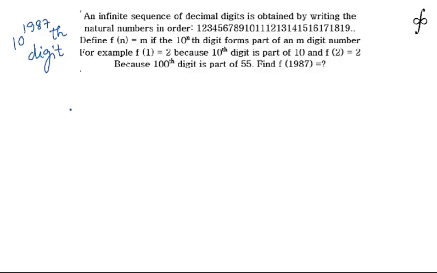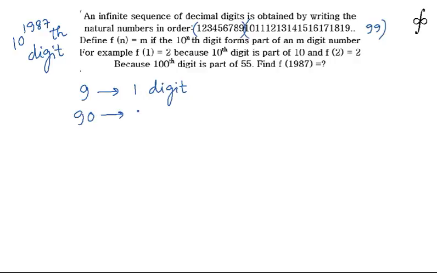Here, if you see, there is a pattern. Starting from 1 to 9, these are single-digit numbers, so there are 9 one-digit numbers. Starting from 10 up to 99, these are 2-digit numbers, total 90 numbers.